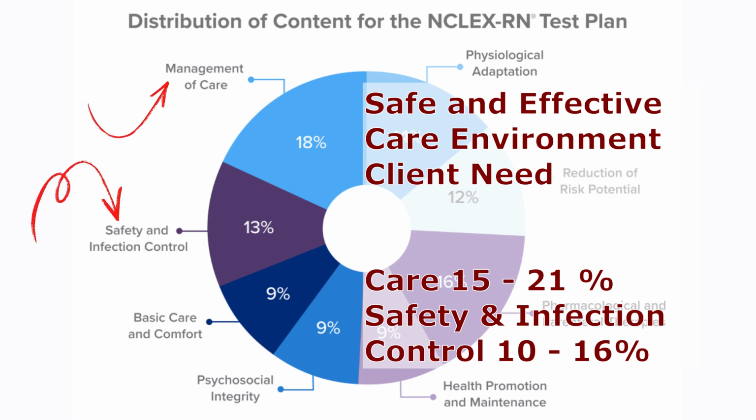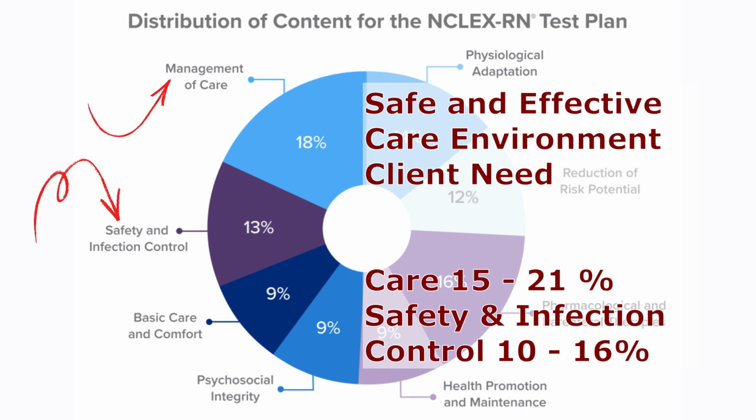Content wise, management of care will make up 18% of the NCLEX, and safety and infection control will make up 13% of the NCLEX. To explain that a little bit further, management of care deals with working with and coordinating care with other healthcare workers. Don't forget that, guys. Working with the multidisciplinary team is the way you will see it on the NCLEX, okay?